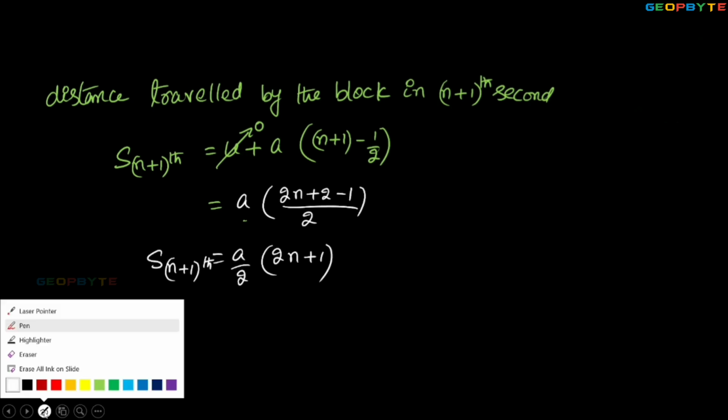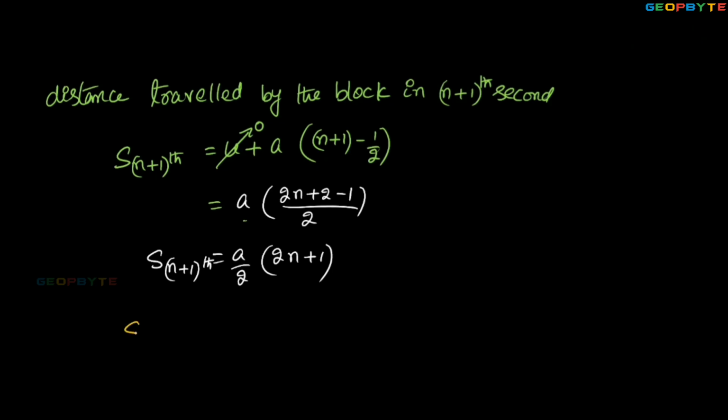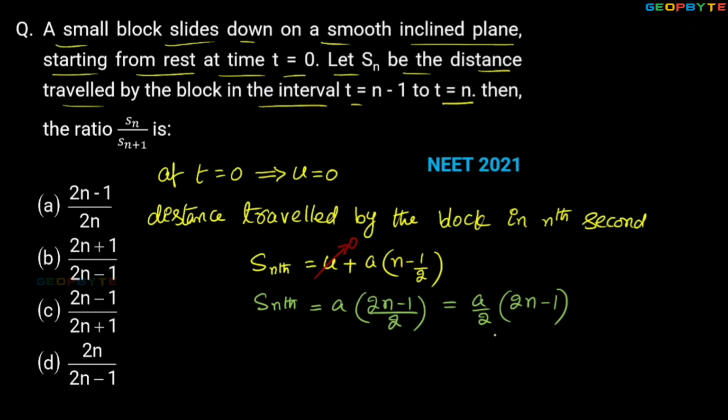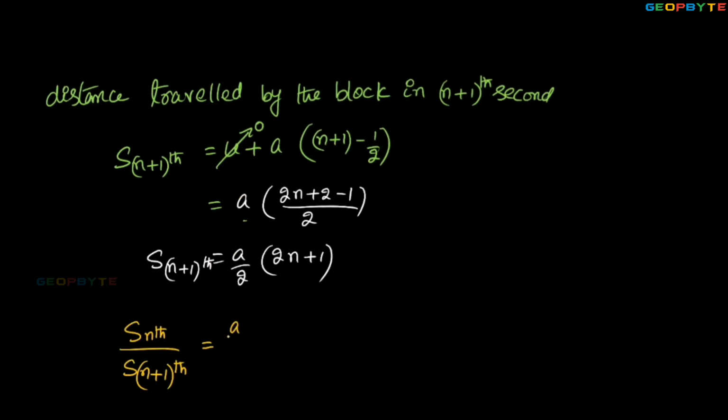Then the distance traveled by the block in the nth second divided by the distance traveled in the n plus 1th second equals: for the nth second, a by 2 into 2n minus 1; for the n plus 1th second, a by 2 into 2n plus 1. a by 2 is cancelled.